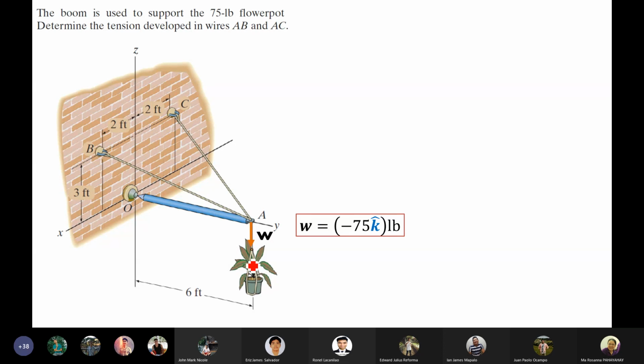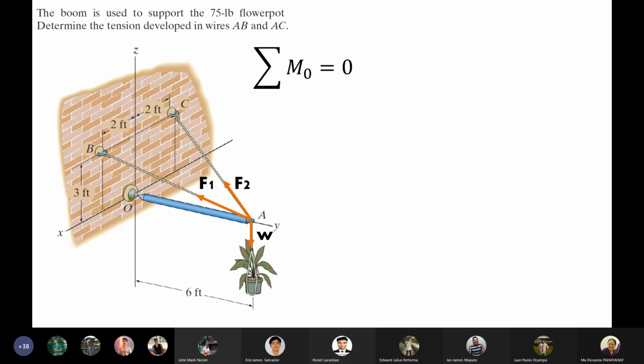So we have now our forces into Cartesian form. We will now use the moment. Gagamitin natin yung moment to find the forces. Pero mahaba pang proseso. So, we will have the moment of force of each forces. Hindi natin siya magagawa ng sabay-sabay, pero pwede naman.